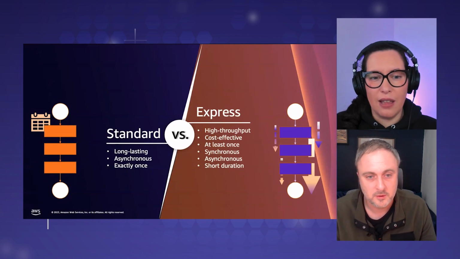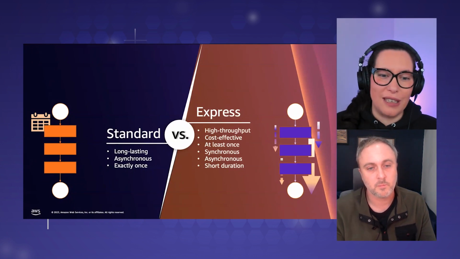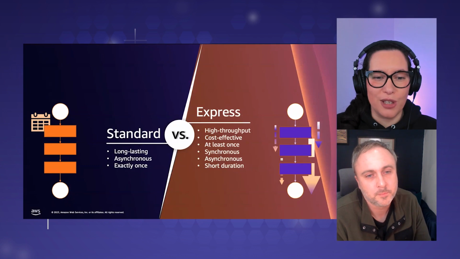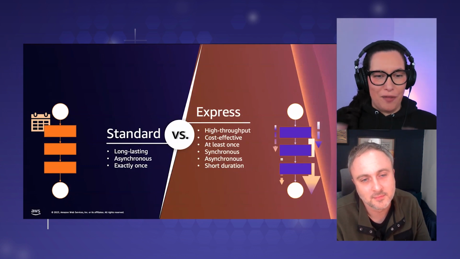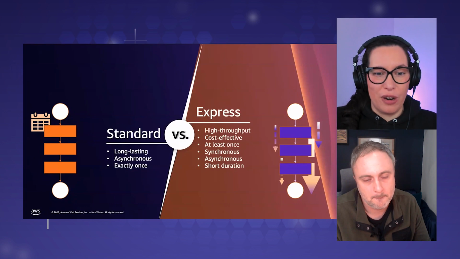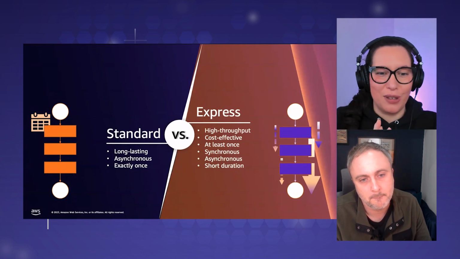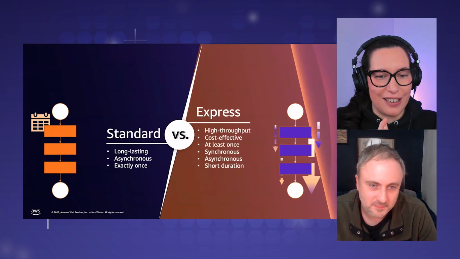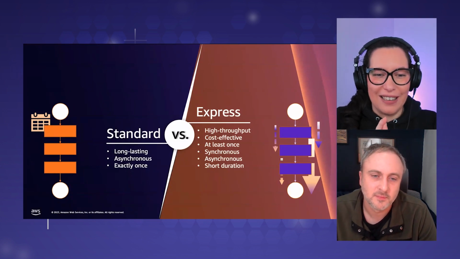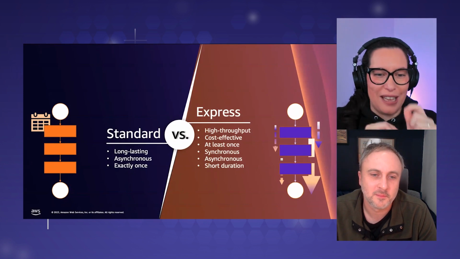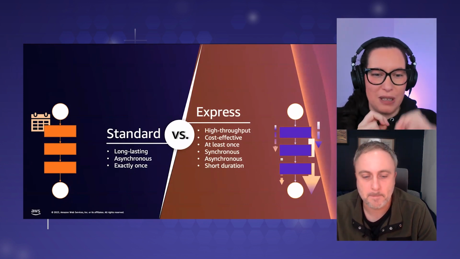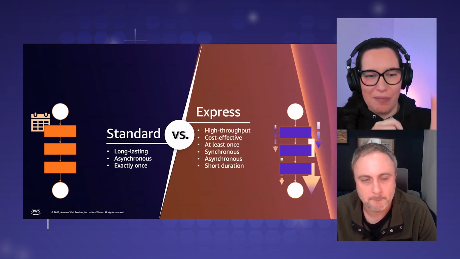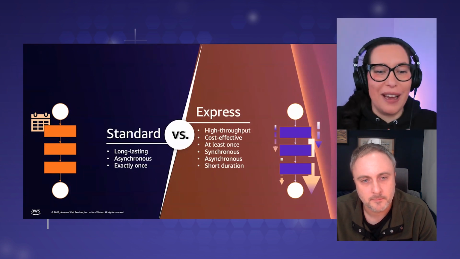Yeah, I think express workflows are one good example of this kind of customer obsession. When the Step Functions team built Step Functions, they thought about the standard, long-lasting processes, and then people started saying, we can do really interesting things here with serverless, and started building very short things to solve very specific problems in their APIs and backends, like you do all the time.